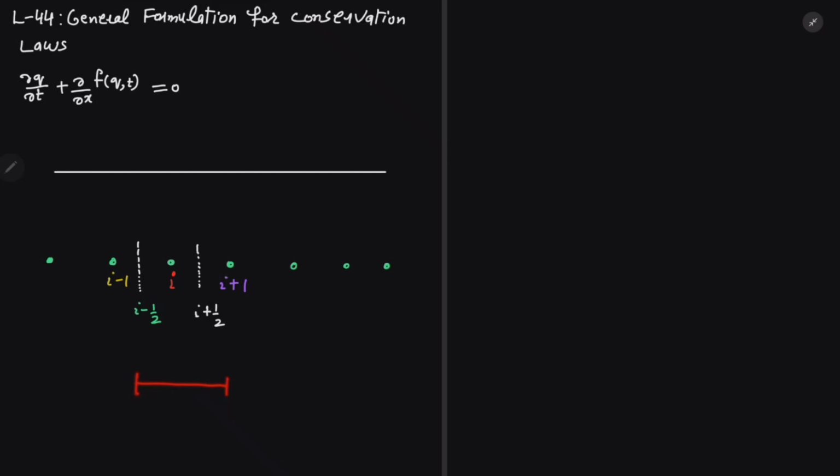In that case, this becomes a volume with width equal to 1, height equal to 1, and length equal to delta x. So you can see that we are talking about the finite volume method.